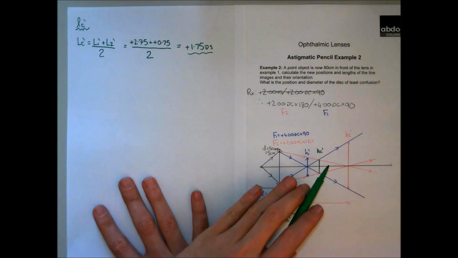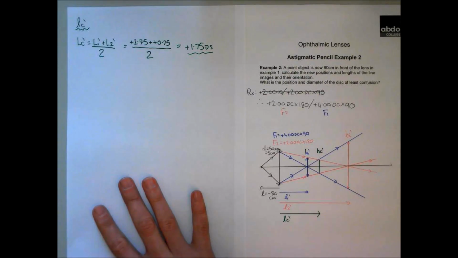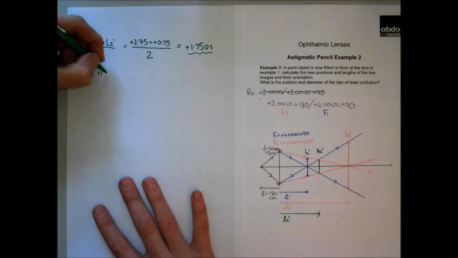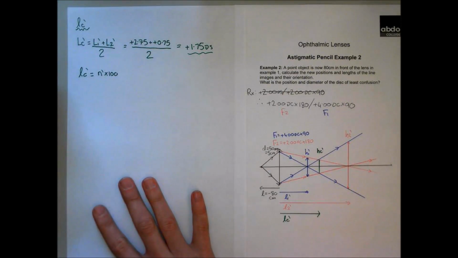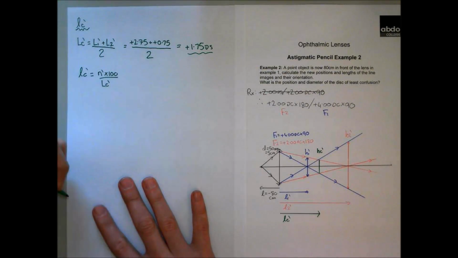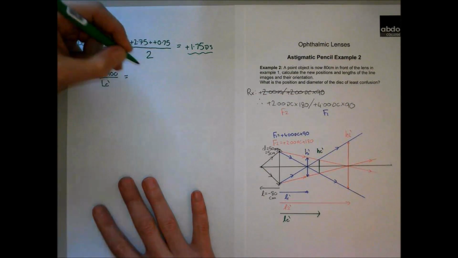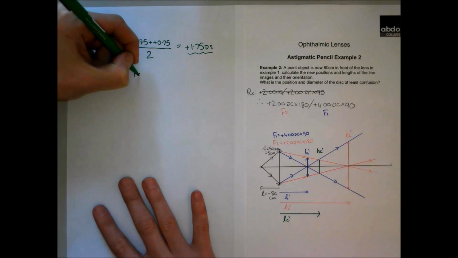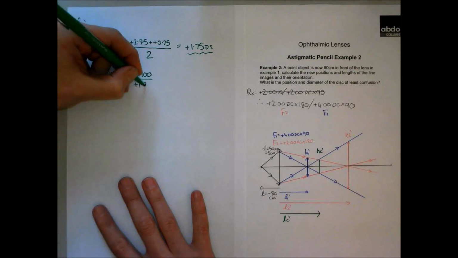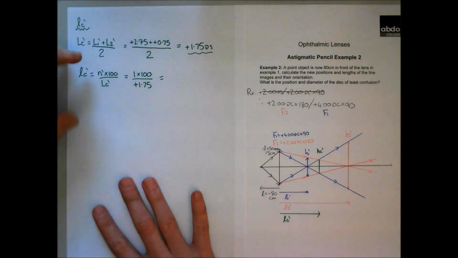But I don't want the vergence of light at that point, I want the distance. So to get little LC dashed, I'm going to do n dashed because it's after refraction, times that by 100, and divide that by big LC dashed. So we know it's in air, so it's 1 times 100 divided by plus 1.75.